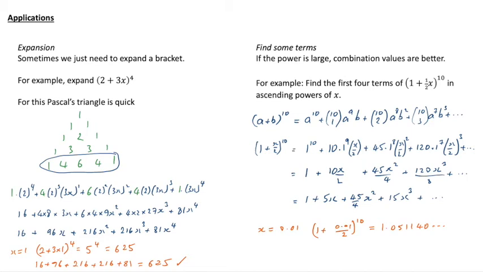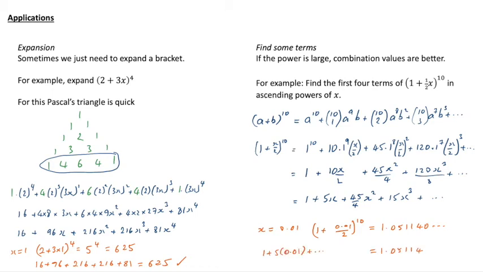So if we put the expression (1 plus 0.01 over 2) all to the power of 10 in the calculator, so this is the actual answer, then we get that number there, 1.051140.